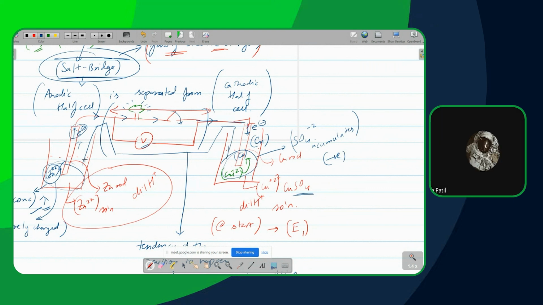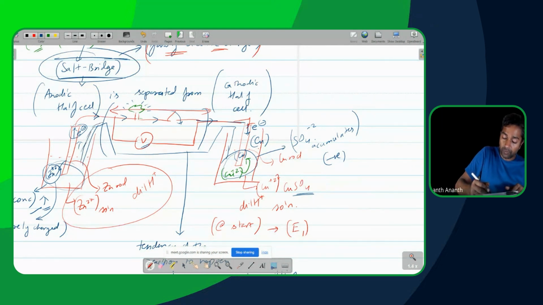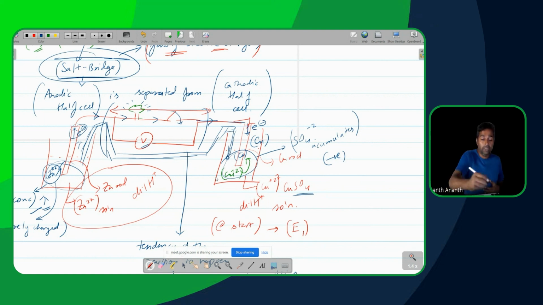Clearly? So when you end up having a salt bridge, what is the salt bridge going to be doing? That salt bridge is effectively very useful in maintaining the balance of the charges by providing a different ion to complement. So the problem here is not that zinc 2 plus is getting accumulated.